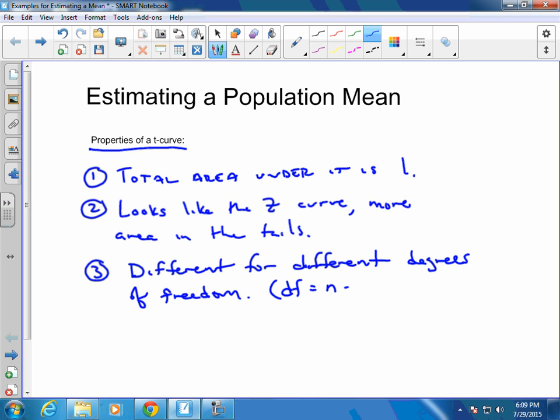Degrees of freedom is just the sample size n minus 1. The idea here is if you know what the mean is, and you know the first n minus 1 observations, you automatically know the last one because it has to be whatever value will give you the mean. So that's just the idea of degrees of freedom. It's just one less than the sample size.